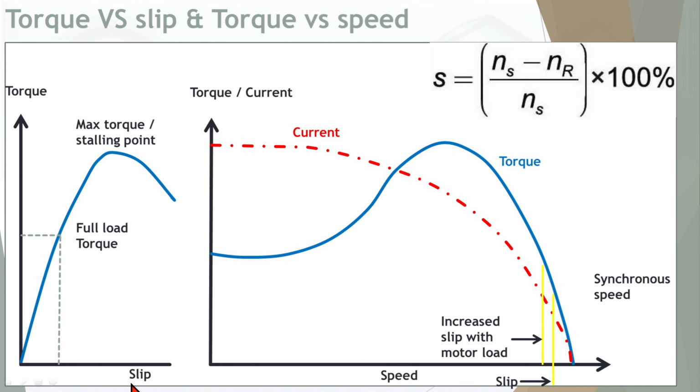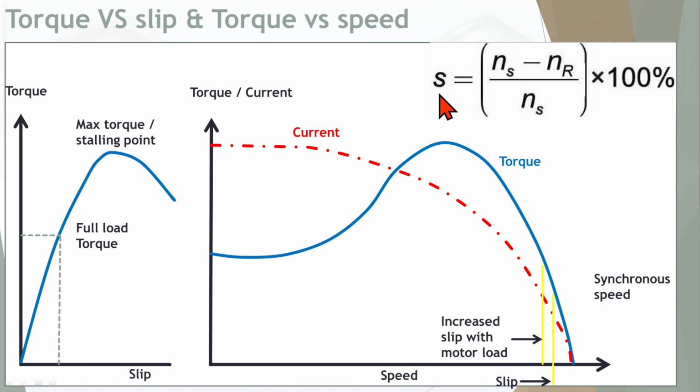And in exams, if they ask you to draw the torque versus slip curve, this will be the behavior. It is something similar: if you draw your y-axis here and consider the mirror image, that will be the torque and slip curve. That is the mirror image of this one.